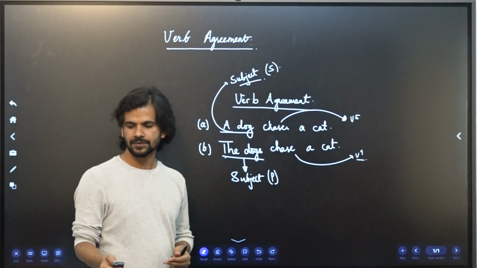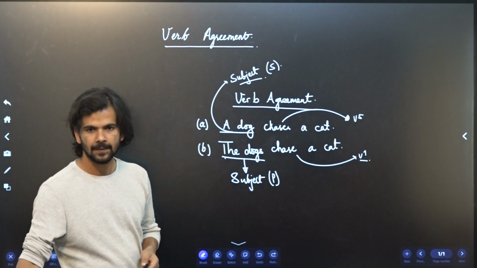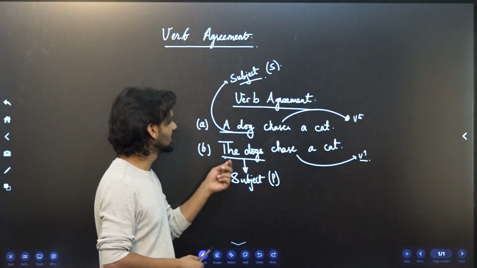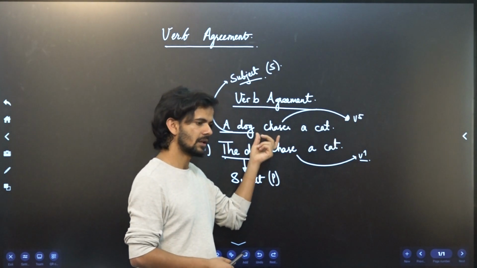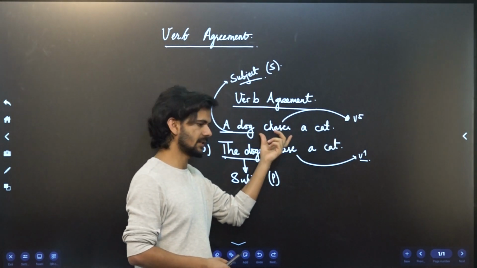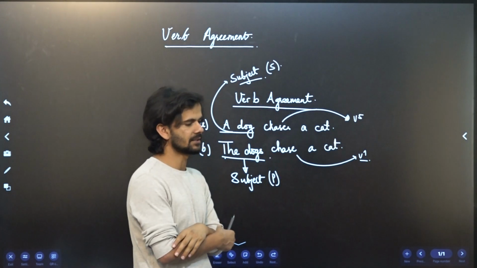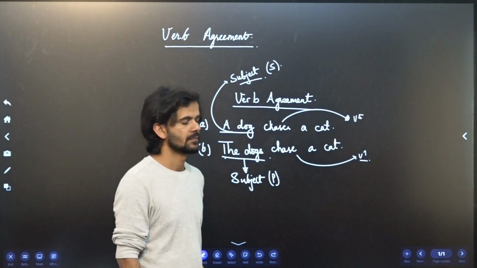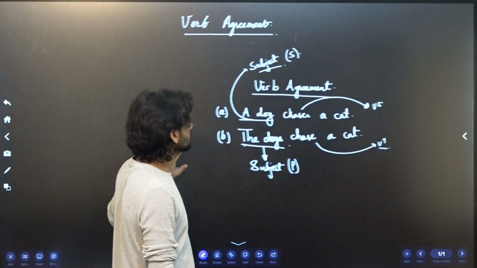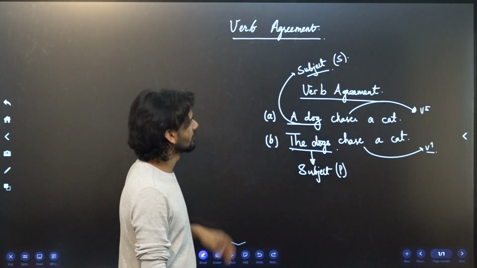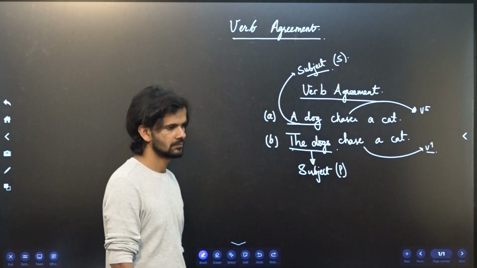In what situation do we use verb 1 or verb 5? If the subject is singular, we use verb 5.